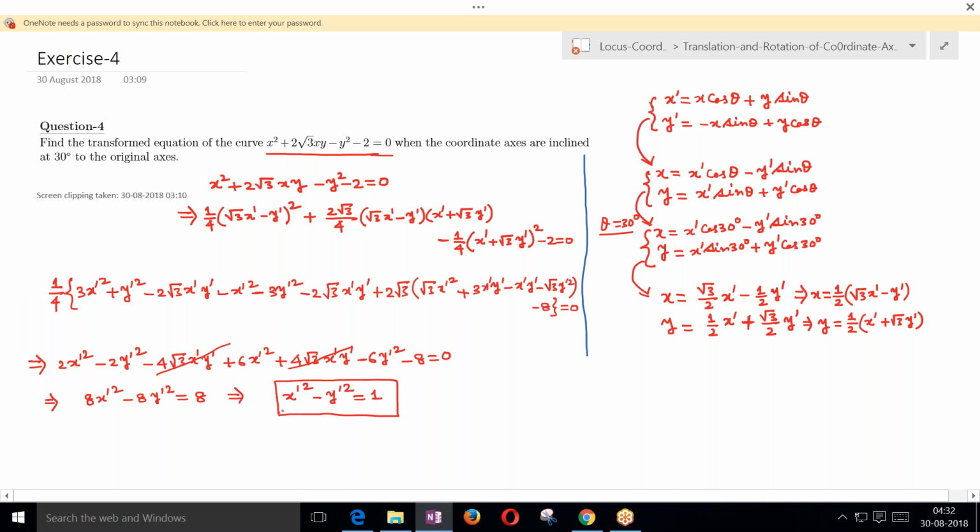So this is the required transformed equation.